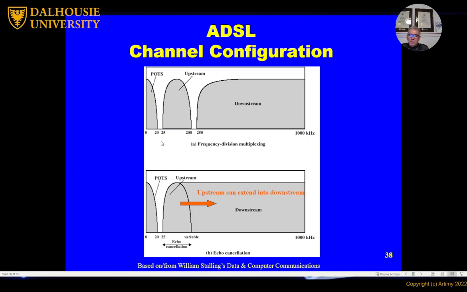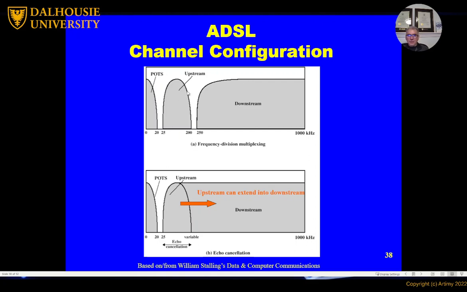So when you look at the bandwidth, again, it's an example of frequency division multiplexing where the first part of the bandwidth here is for the old phone system, right? So it carries only voice. But then we have two bands here, or two channels, one allocated for the upstream traffic.